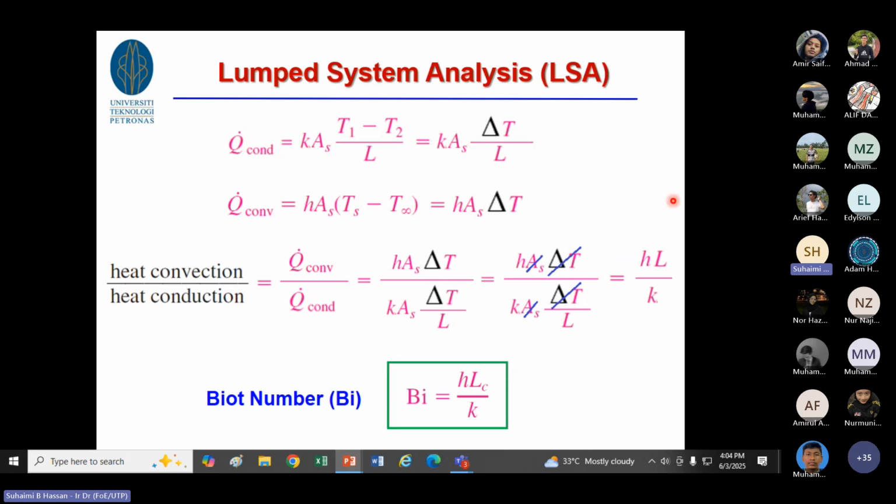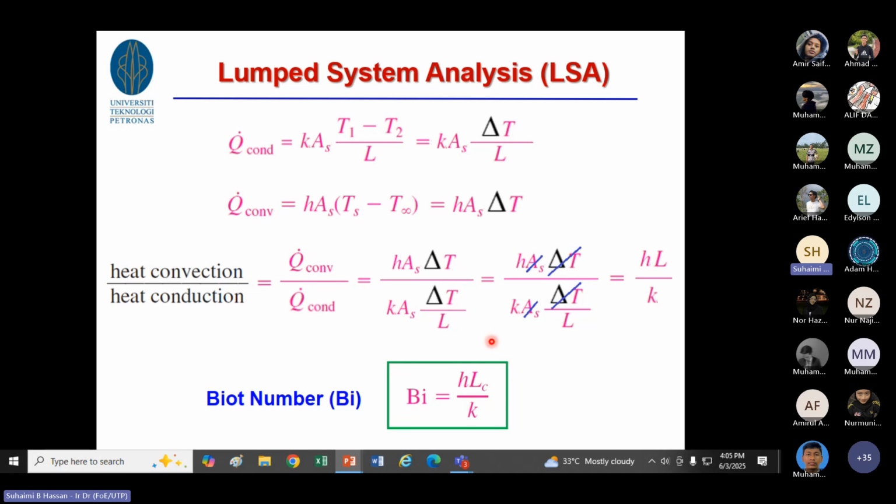L here is actually the characteristic length, Lc. So remember that the Biot number is hLc over k. It comes from convection over conduction. You have to remember the Biot number is the heat convection coefficient h times characteristic length over thermal conductivity.